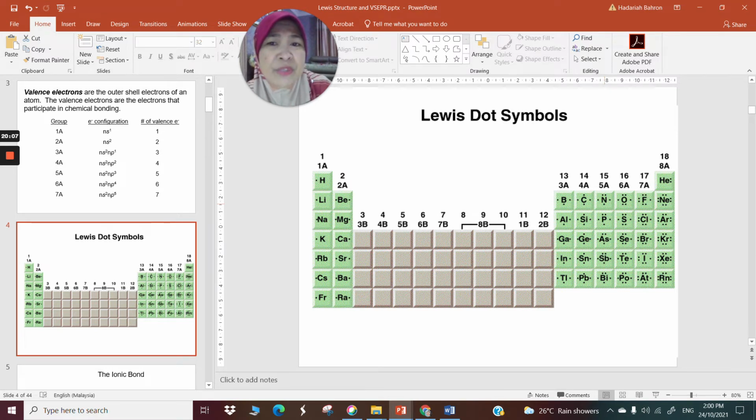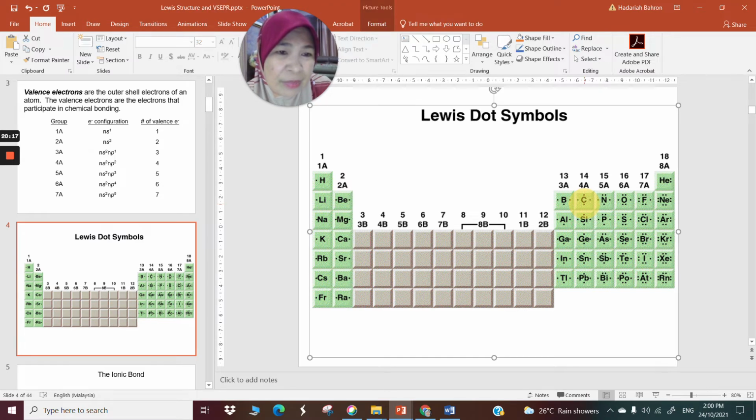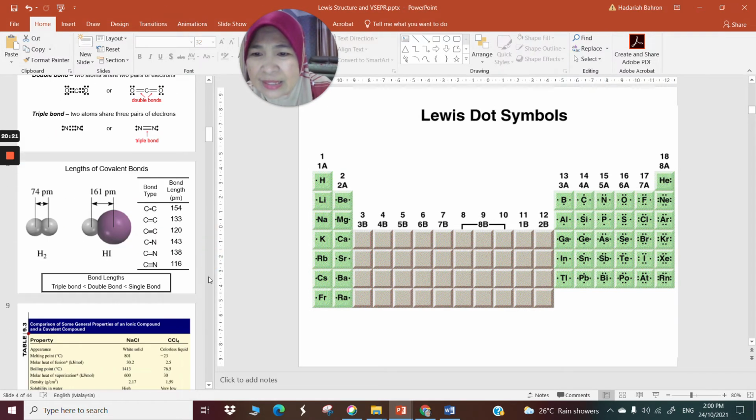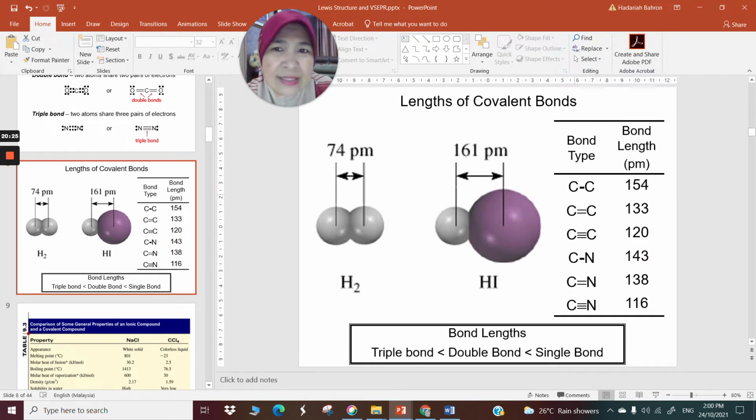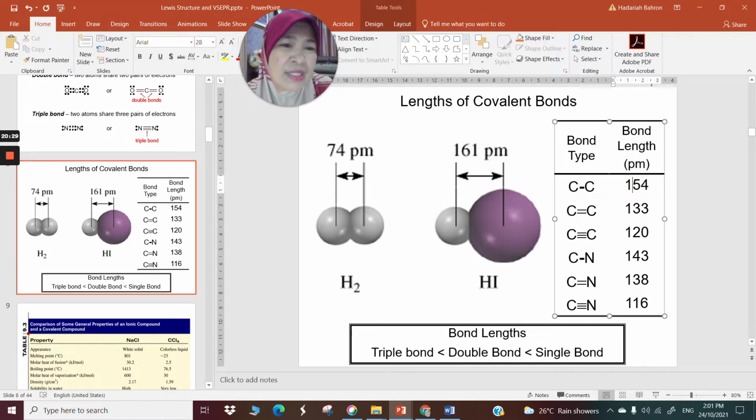And we know, going from left to right of the periodic table, the atomic radius decreases. So carbon is bigger than nitrogen, and that is reflected in this slide. You can see that C single bond C is 154 picometers, but C single bond N is shorter.